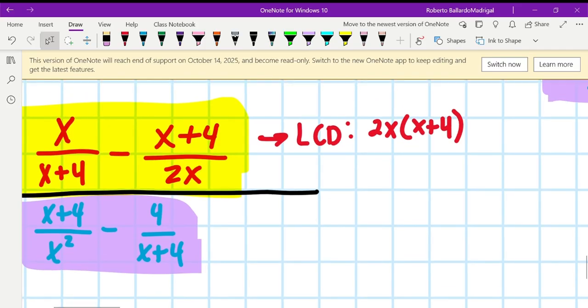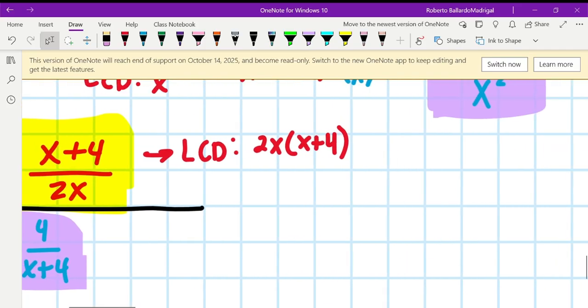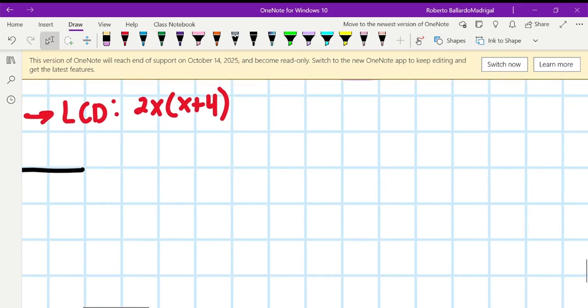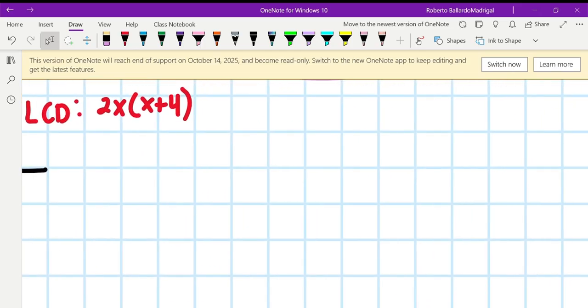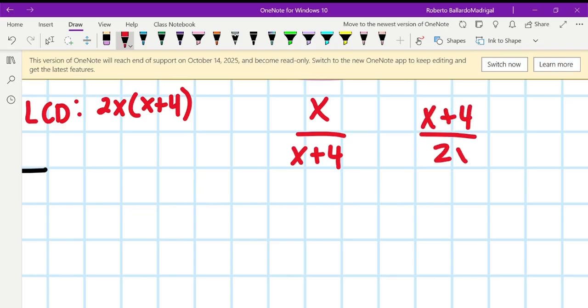If my LCD is 2x times x plus 4, then I have to figure out what to multiply my fractions by. So let me rewrite my fractions. I had x over x plus 4, and then x plus 4 over 2x, with a minus in between them.